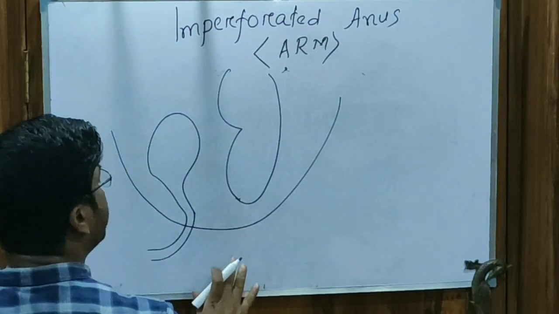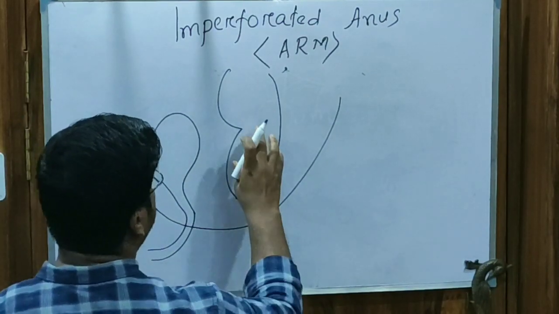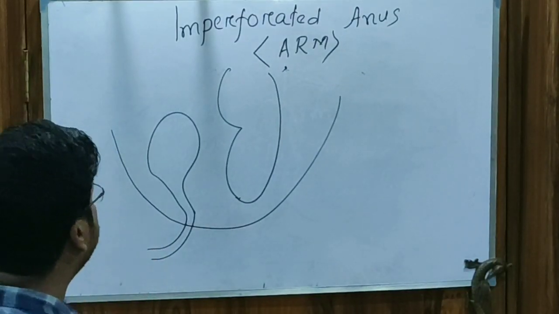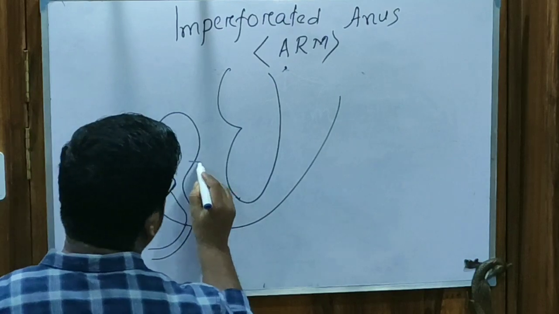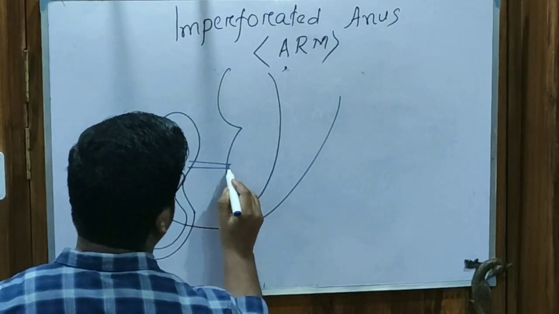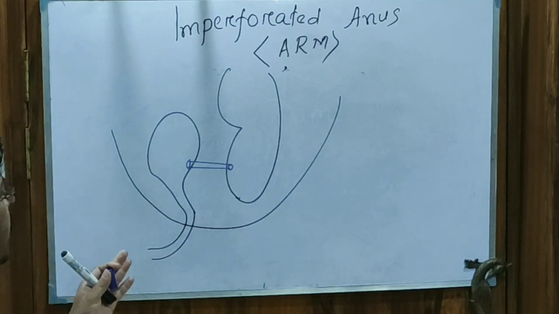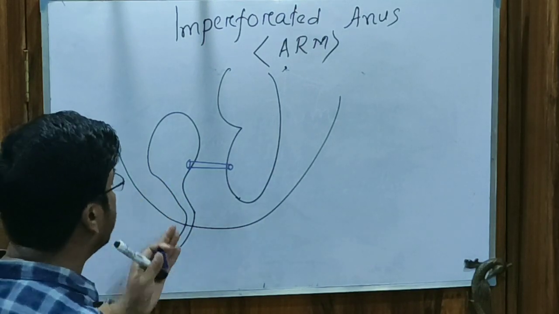There is no sinus formation. The patient may present with a blind rectum and the urogenital sinus is separate. It may communicate with the bladder. So this is called rectovesical fistula.